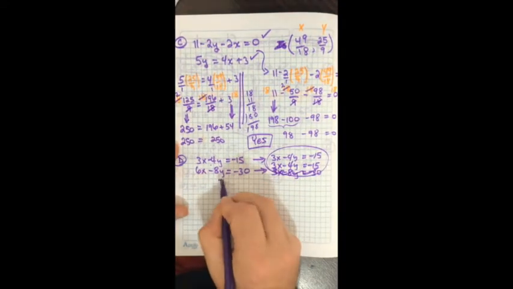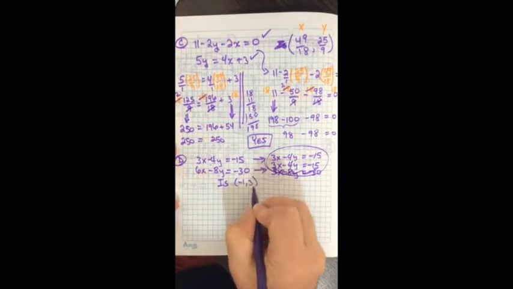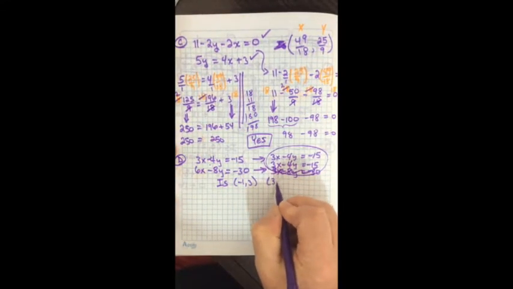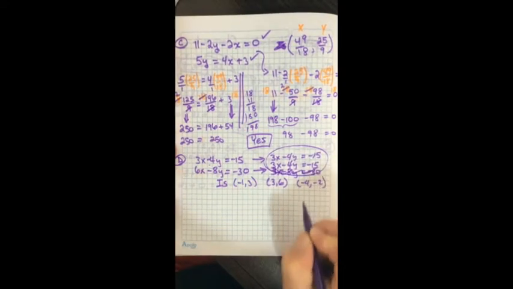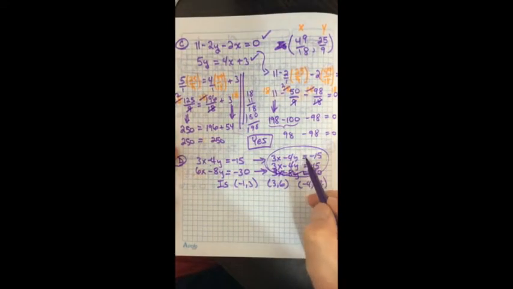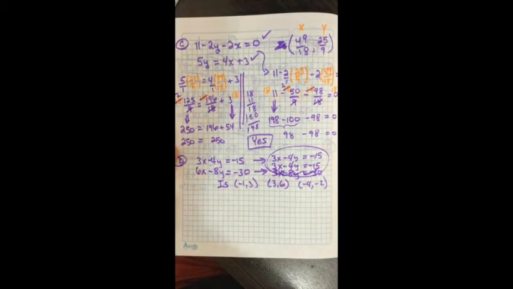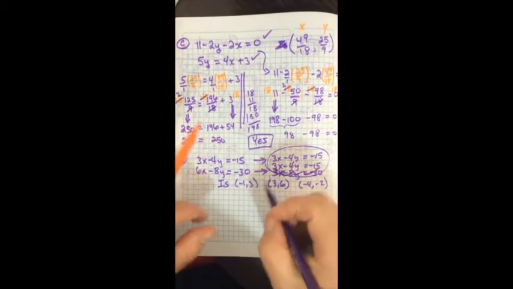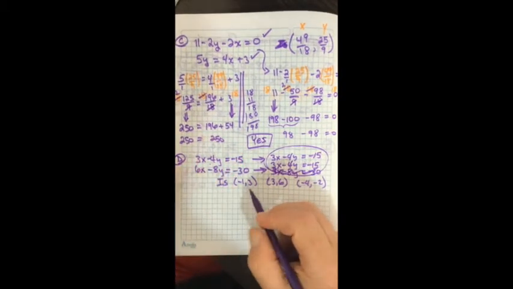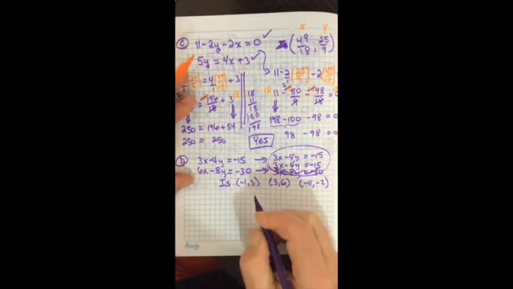But here's what this problem is asking. It's asking, is negative 1, 3 an answer? Is 3, 6 an answer? And is negative 4, negative 2 an answer? Does infinite solutions mean everybody works? Well, let's plug it in there. Let's take the first one first, negative 1, 3. Both equations are the same, so we're really only going to have to do it once.